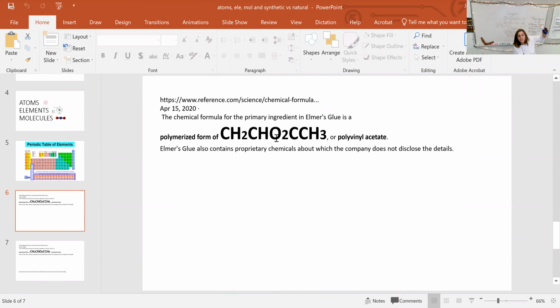And the little numbers after are just telling us how many of each of those elements are combined together. This whole thing together, voila, gives us Elmer's glue. Okay, so this synthetic material is made from these natural elements.